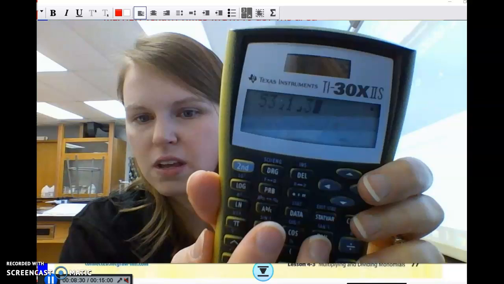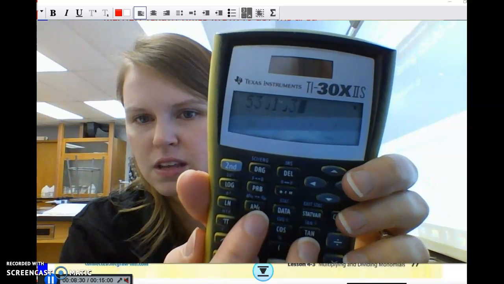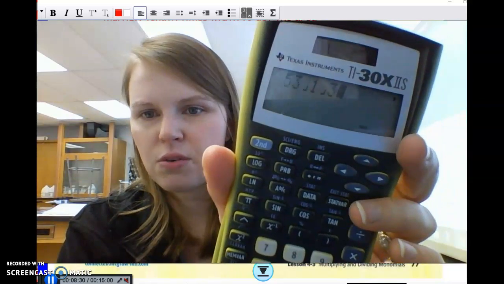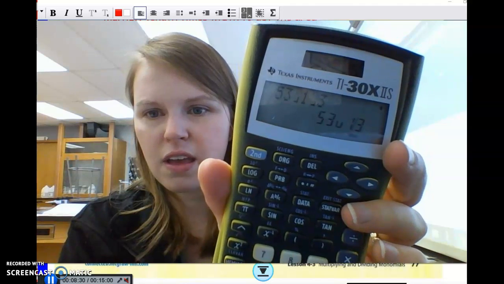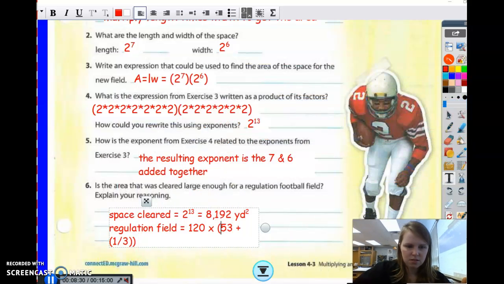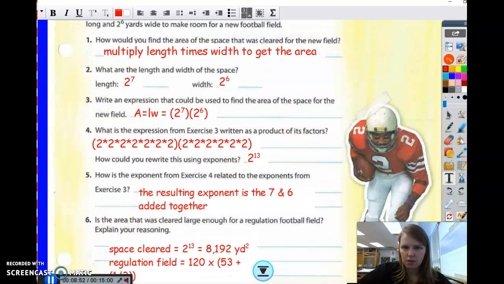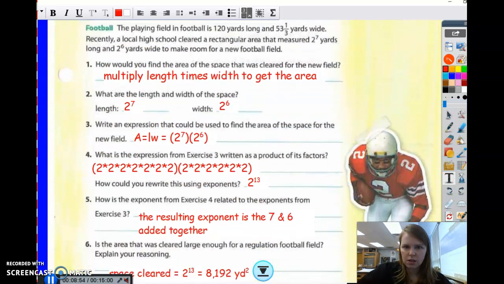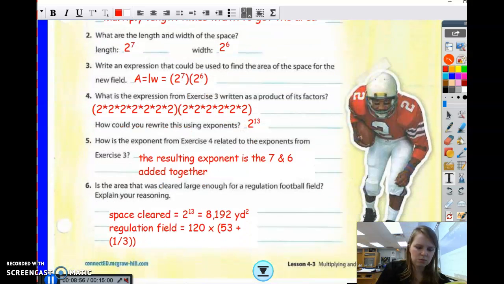So I put 53, hit this button, 1, hit this button again, 1/3. So now when I hit enter, it says 53 1/3. I'm going to take that times 120. I get 6400 as my answer. Is that what you guys got? I hope it is.